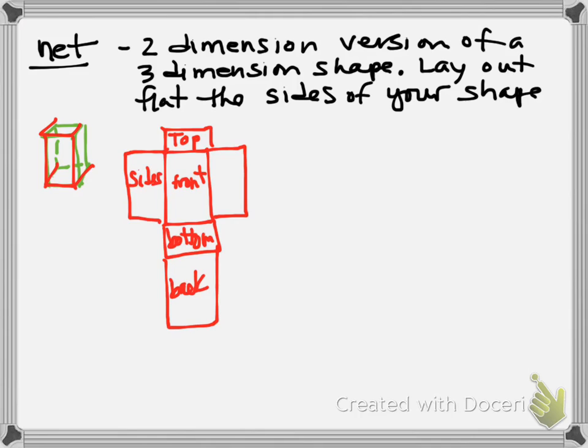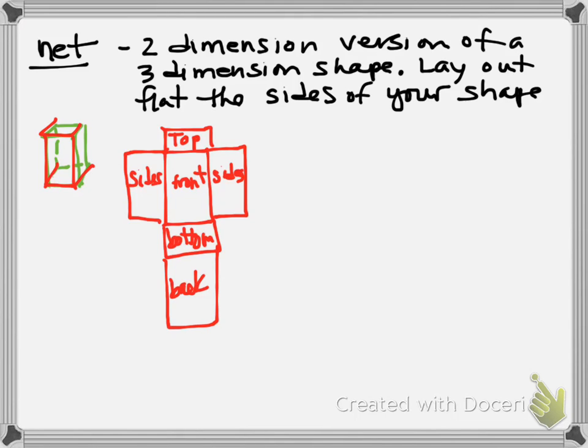Now I'm grossly doing this out of proportion. And you end up with a total of 6 rectangles. And then your job would be, if you knew the 3 dimensions of this, you would label each of the rectangles with the dimensions, and then you could figure out the area of each rectangle and then add them all up. Okay, because total is what we're looking for, surface area, so we'd add up all of those.